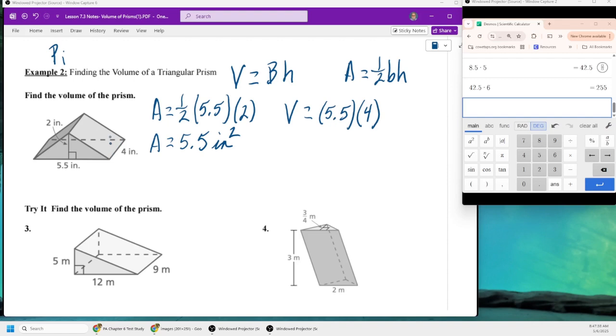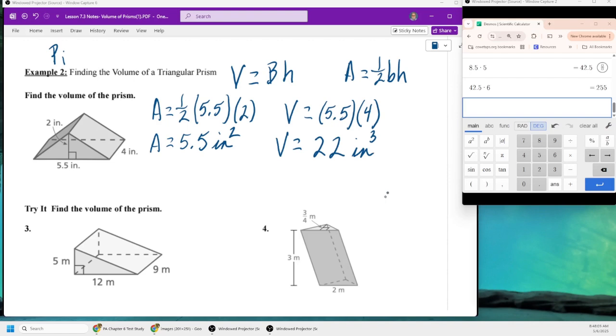Right, we have two triangles, so the distance between the two triangles is 4. So that is going to be 22. Is that 22, Daniel? Yes. Thanks, Daniel. And that would be inches cubed.